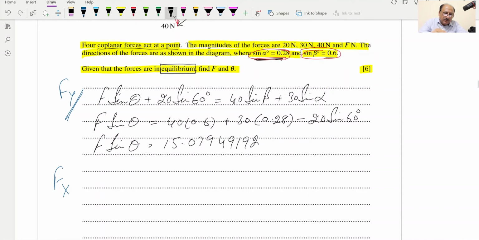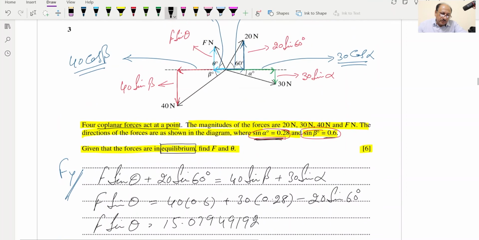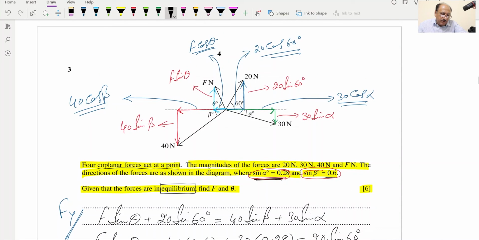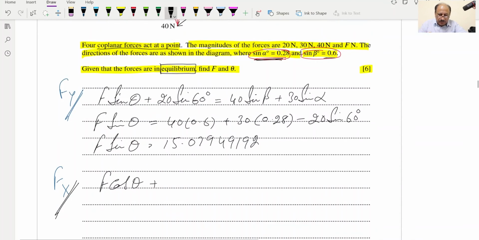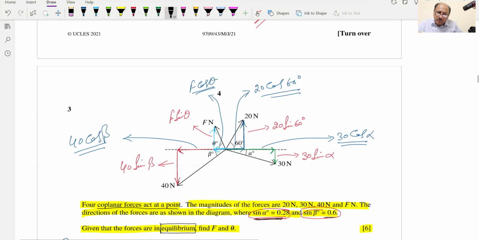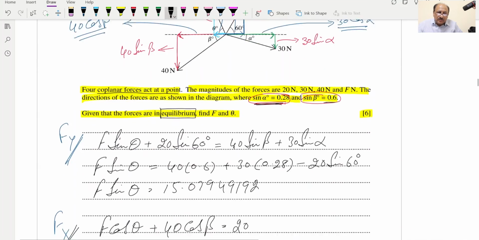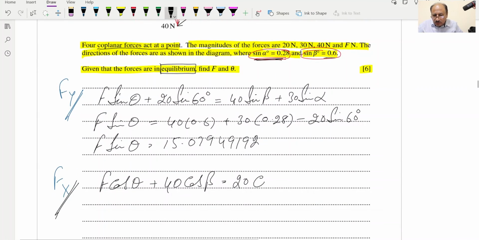So we can write F cos theta plus 40 cos of beta, and this is equal to the other two forces: 20 cos 60 plus 30 cos of alpha.